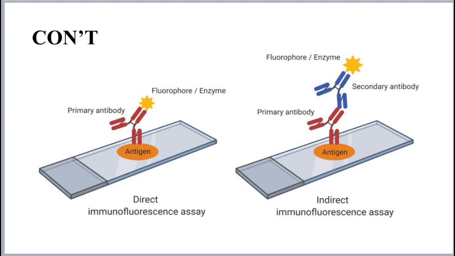After it will come the secondary antibody. These secondary antibodies bind to the primary antibody. That's what makes the difference between direct and indirect. In direct, the antibody binds directly to the antigen. But for indirect, it needs first a primary antibody and then a secondary antibody.